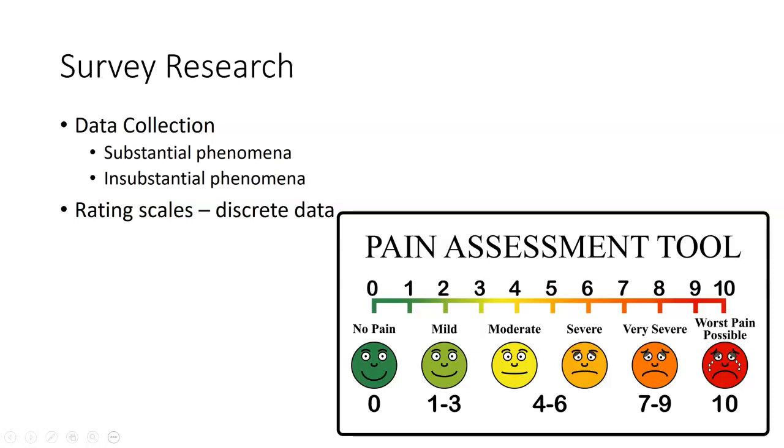My physician has said that these are absolutely worthless because nobody goes to the doctor until they're about an 8, which means everybody's either dying or close to death based on this. No one goes into the doctor's office because they're feeling no pain. But you can see they're discrete data because you've either got a 1 or 2 or 3 or 4 or 5. You don't have all the possibilities of saying, well, actually mine's at 2.47. No, it's discrete data. So when you're doing surveys, you have to look at this.